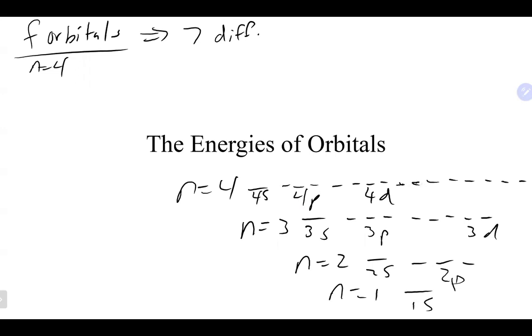I'll squeeze it in there. Our 4f. And once again, that would be the 4f subshell that could hold a maximum of 14 electrons if we filled up every single orbital in there. To max it out, you would have 14 in there.